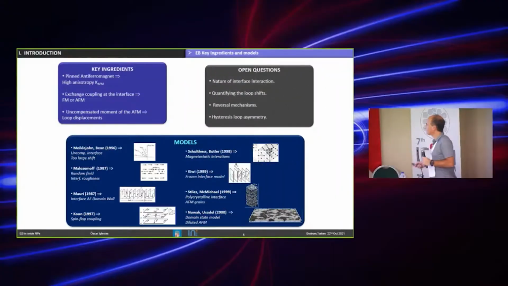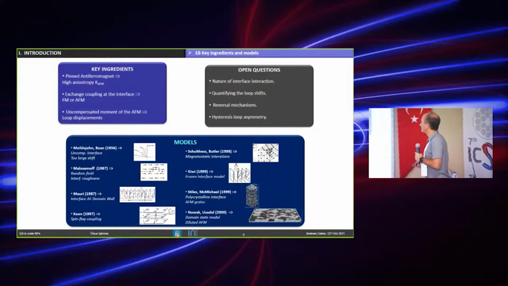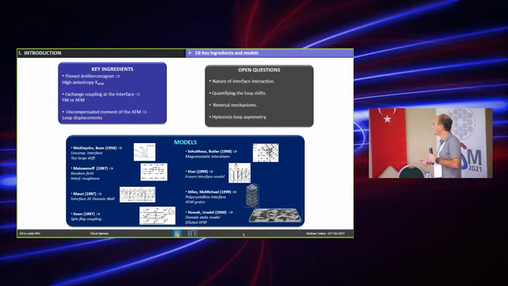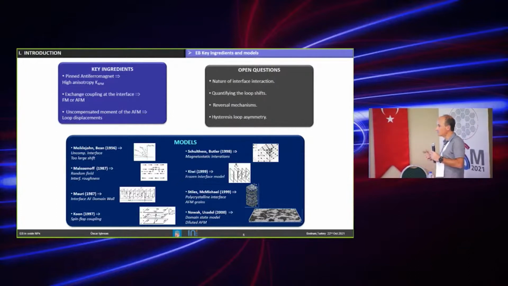So what are the main ingredients necessary to understand why these phenomena happen? We must have an antiferromagnet which does not reverse with the magnetic field. We must have some kind of coupling at the interface between the two magnetic phases.